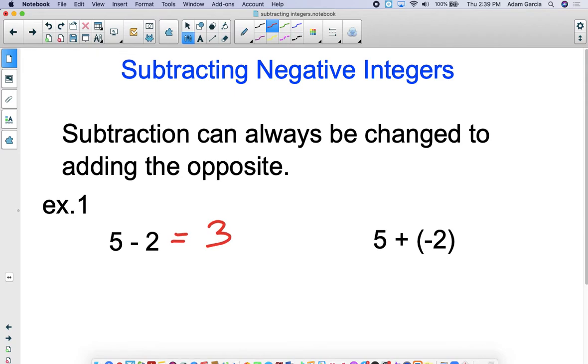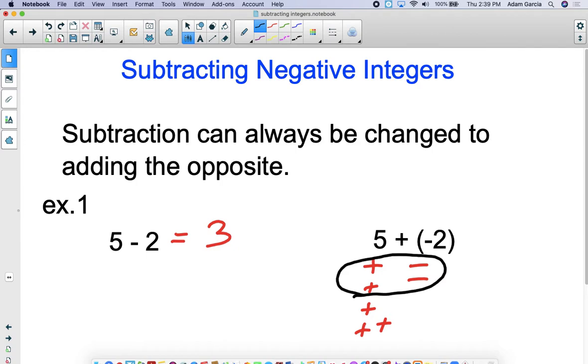But I want to show you, even if you changed it to adding the opposite, which is what 5 plus negative 2 is, well, if you think about it, if you have 5 positives and you have 2 negatives, and they zero out, adding and subtracting once equals 0, what are you left with?